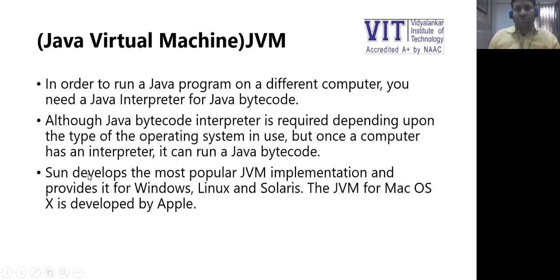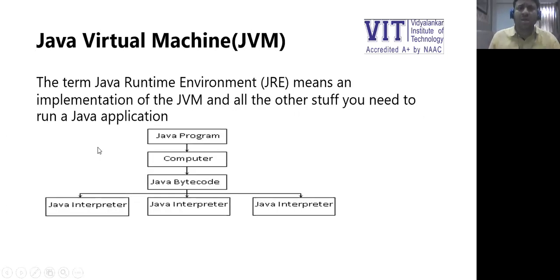Okay. So Sun develops the most popular JVM implementation, and then we have different machines implementing the version, like Windows, Linux, Solaris. JVM for macOS X is developed by Apple. So we have versions of Java that support different machines. The JRE is basically the environment.